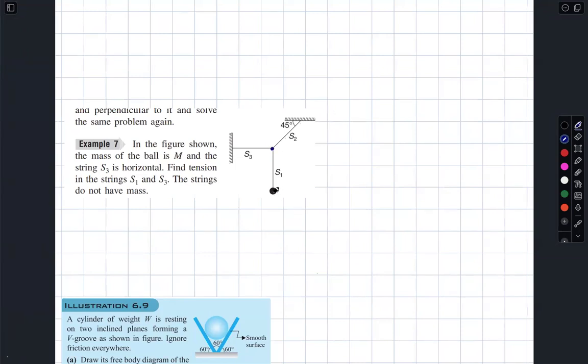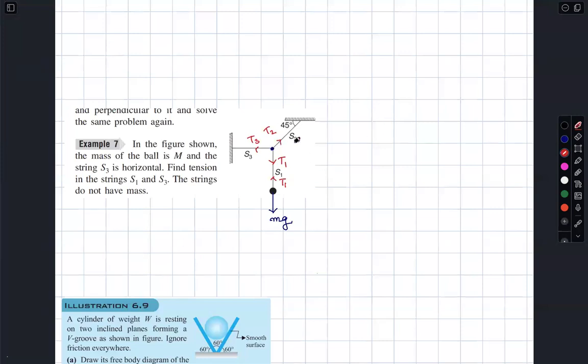In this case, this is mg. And you have some tension T1 here, some tension T2 here, and some tension T3 here.